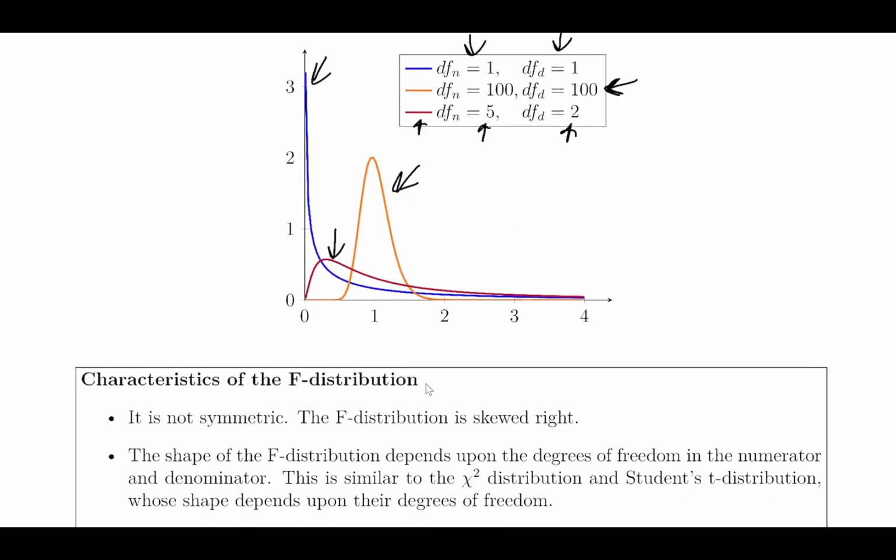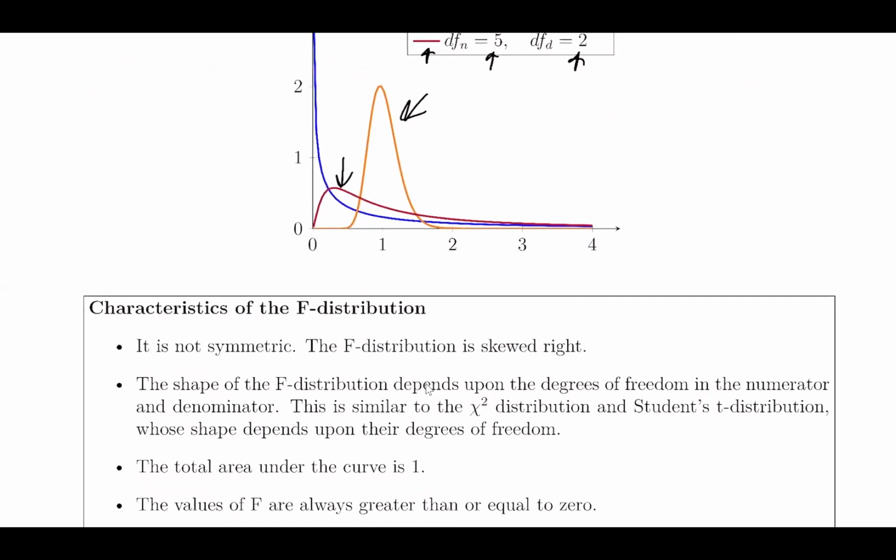So some characteristics about the F distribution. The F distribution is not symmetric; it is skewed to the right. The second bullet point says the shape of the F distribution depends upon the degrees of freedom in the numerator and denominator. This is similar to the chi-square distribution and the student t distribution, whose shape depends upon the degrees of freedom.